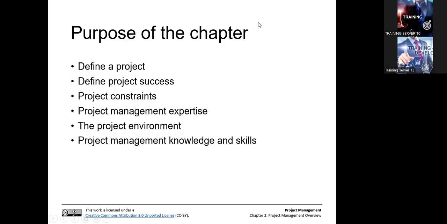While we are defining the project and what we are working on, we have to know that the project should have all of the factors of success. Also, while we are defining those success factors, you have to know that you have project constraints.